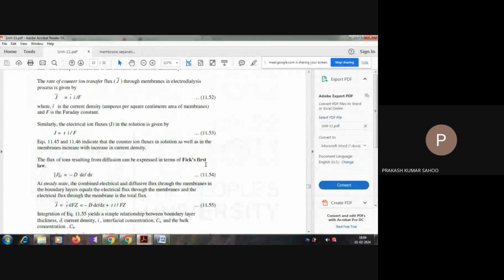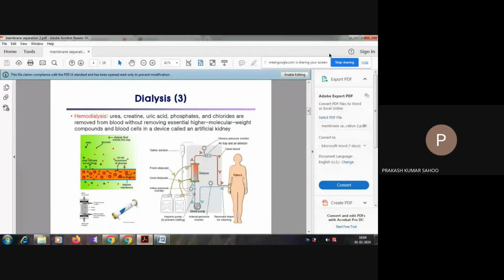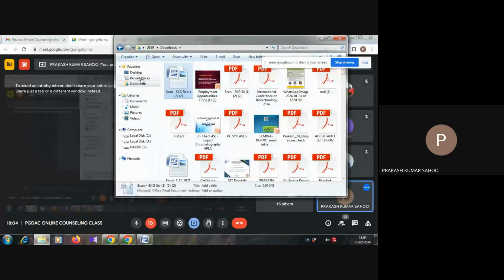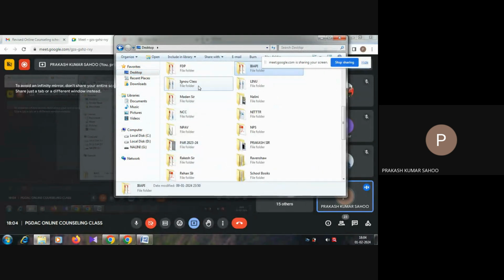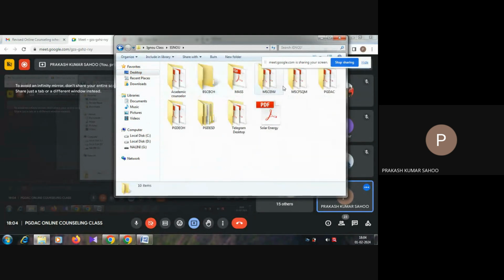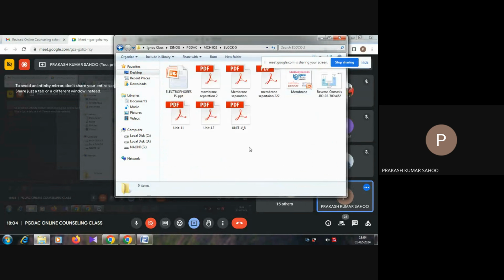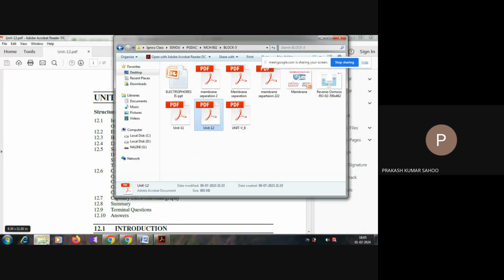So now this unit is completed. Then we have the second part, that is unit 12, electrophoresis.